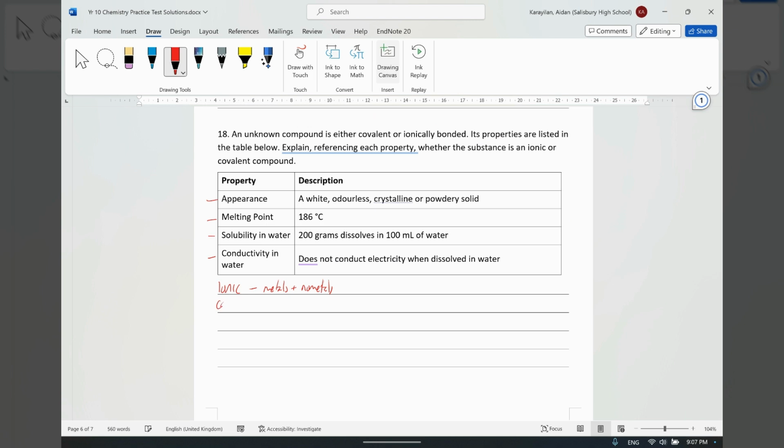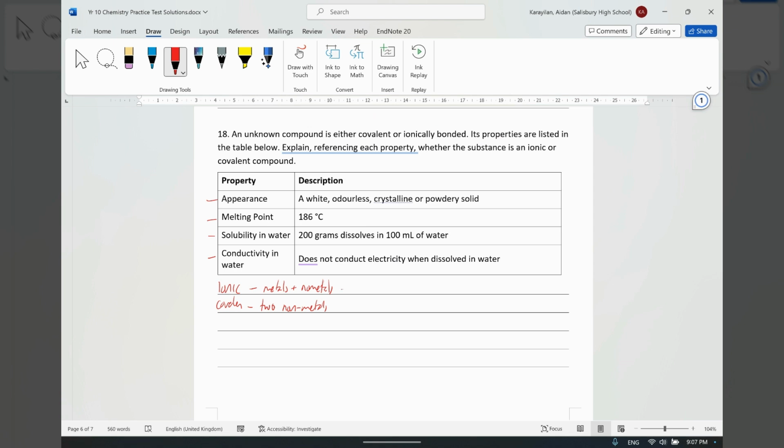Covalent, we had 2 or more non-metals. And we had the substances, we had to look at their appearance, their melting points, solubilities and conductivity in water, stuff like that.